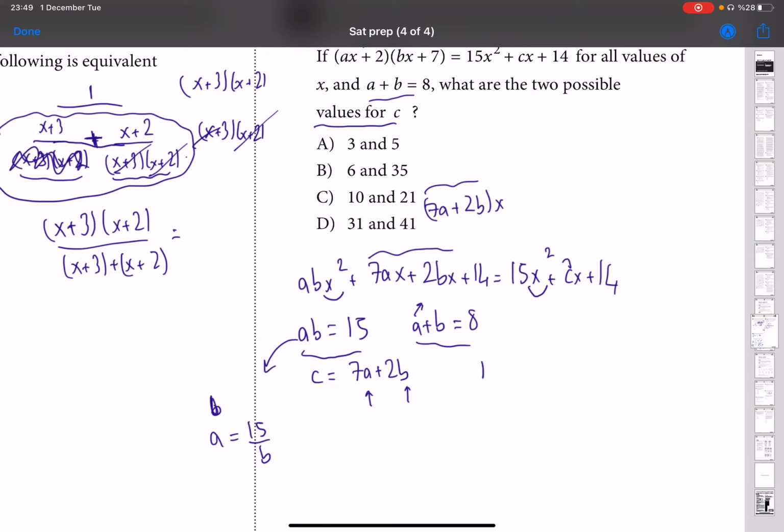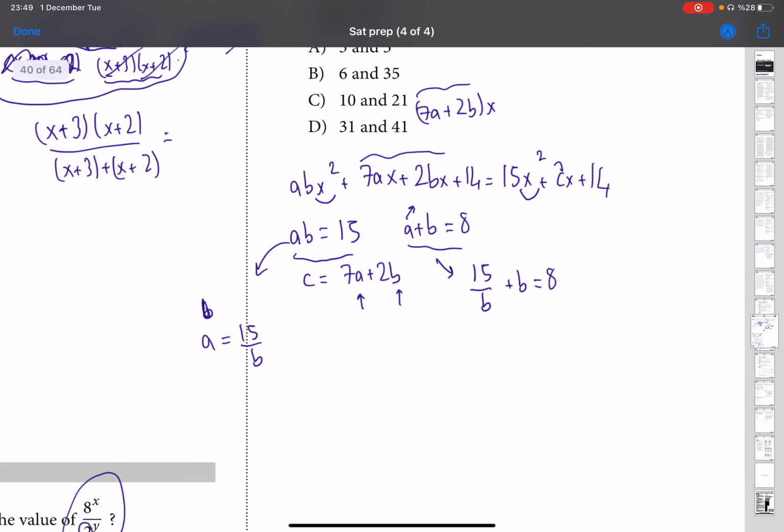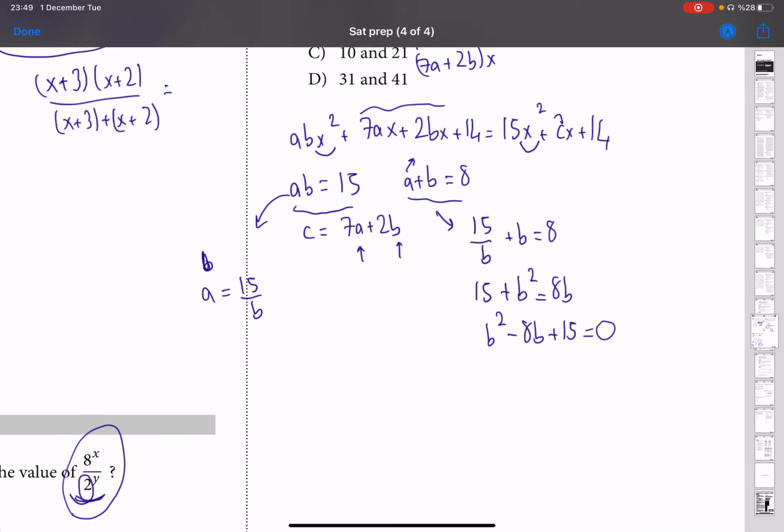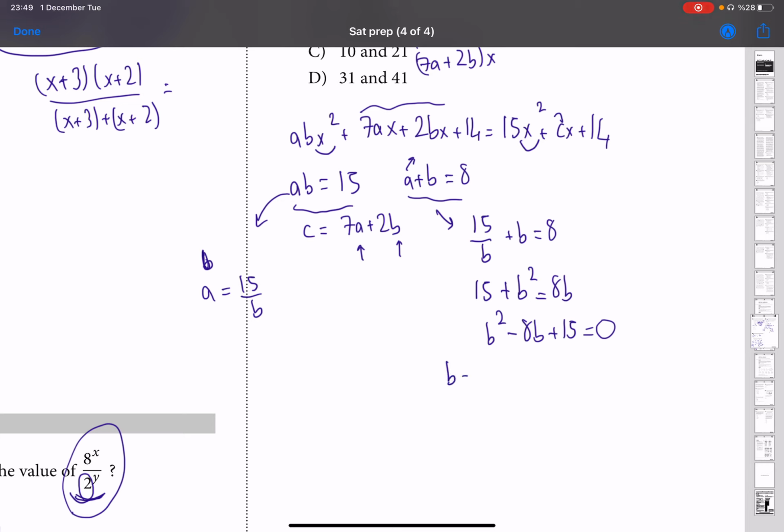So let's write it down. 15 divided by b plus b is equal to 8. 15 plus b squared is equal to 8b. I can write this one as b squared minus 8b plus 15 is equal to 0. And also this is equal to b minus 5 and b minus 3.